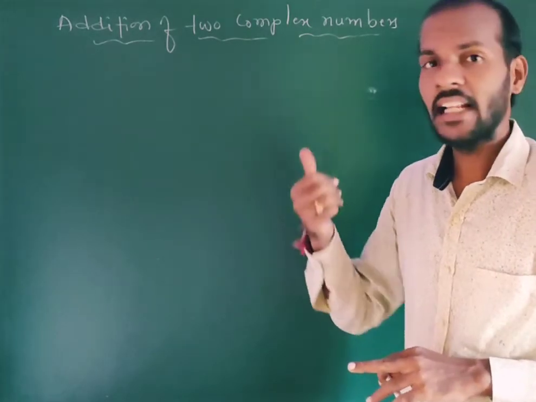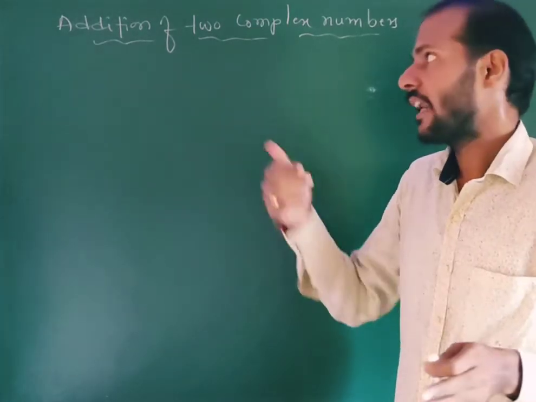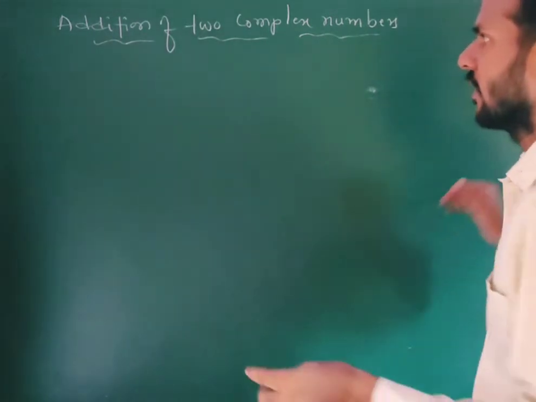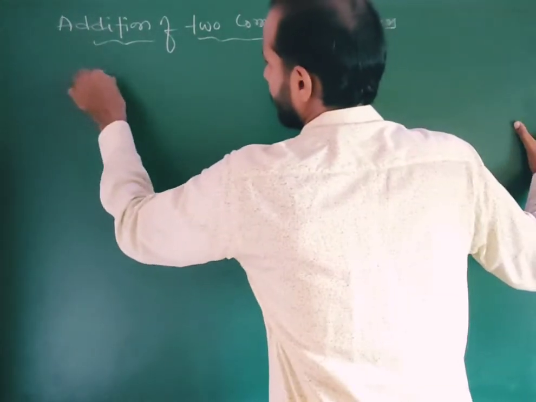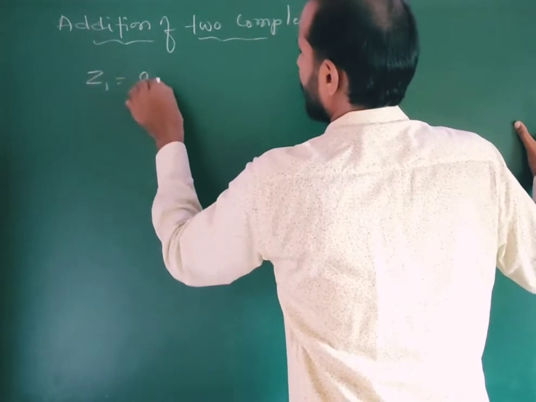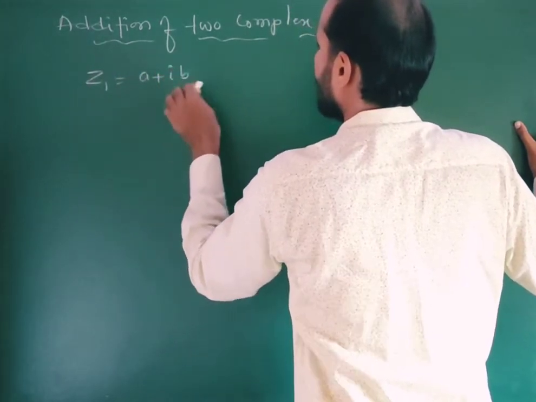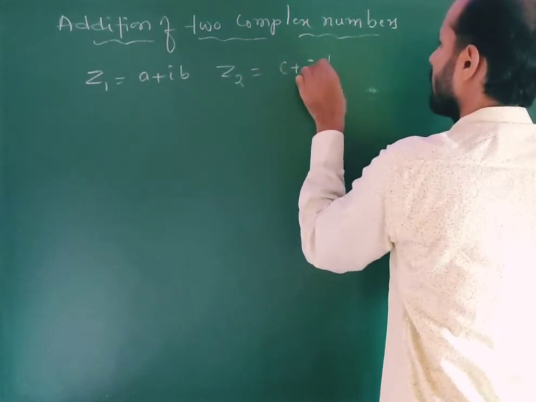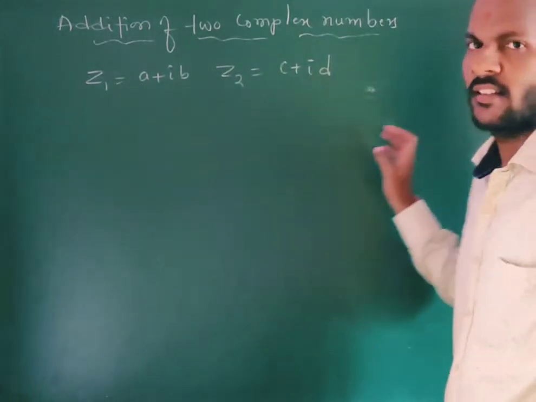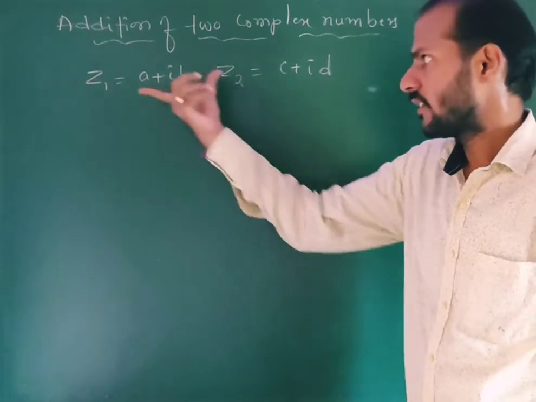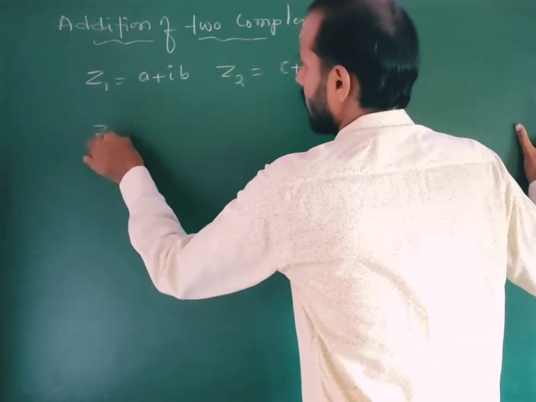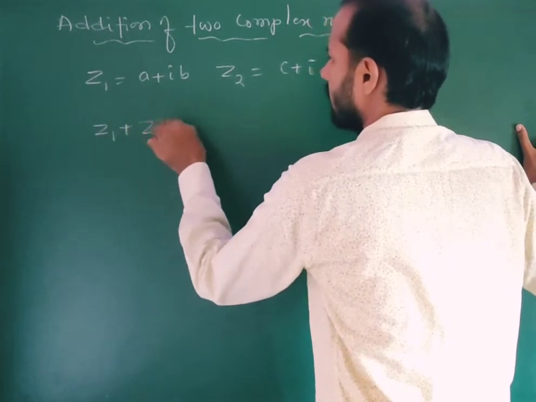Similarly, we are adding two complex numbers. Let us consider again Z1 equals A plus iB, Z2 equals C plus iD be the two complex numbers, right? Now here we have to add these two complex numbers, that is Z1 plus Z2.